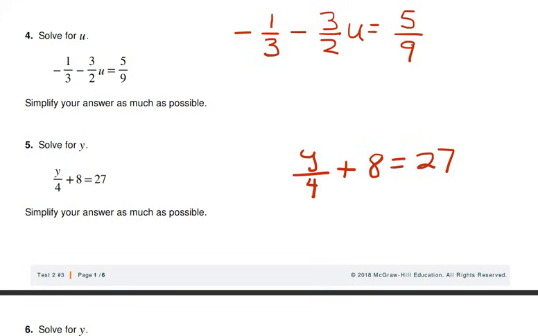I have written this one carefully here, and this is number 4. And as I look at it, it definitely has fractions. I want to find what is my least common denominator between a 3, a 2, and a 9. Think about it. And if you said 18, that is correct.